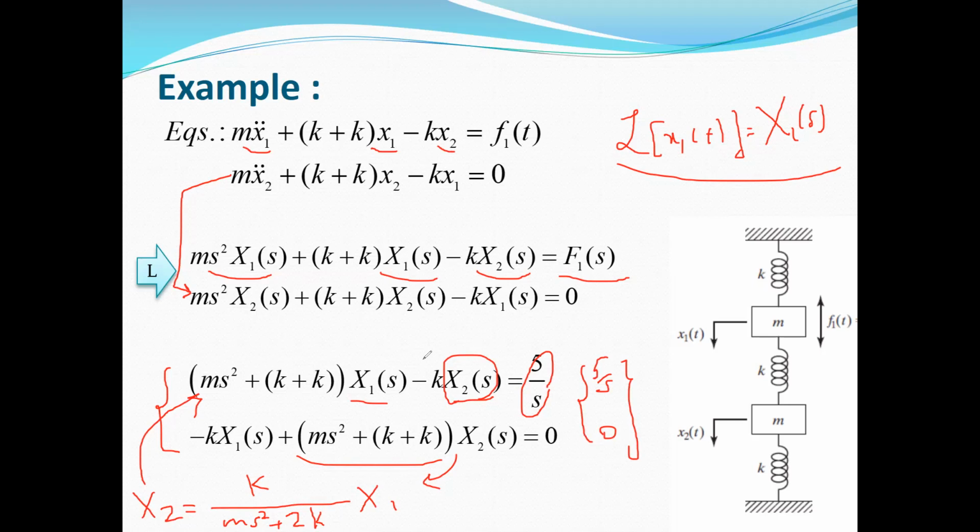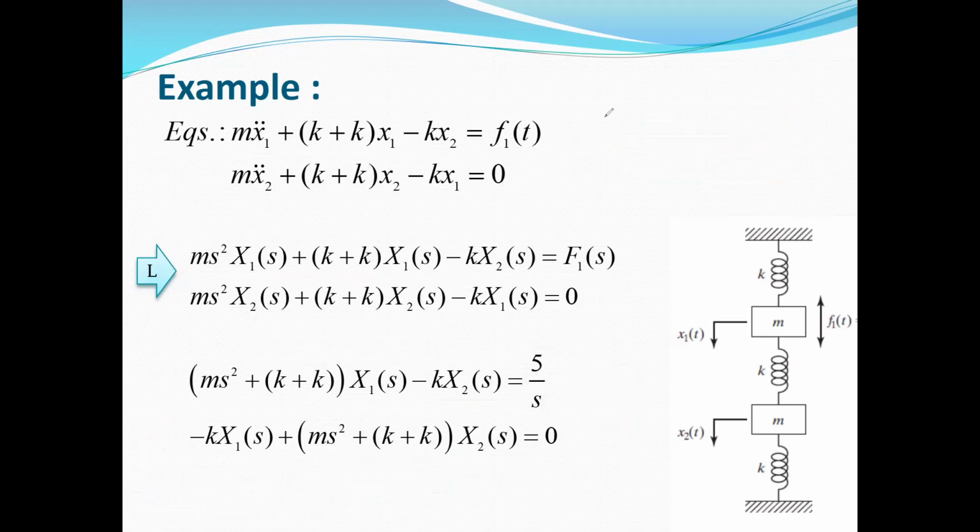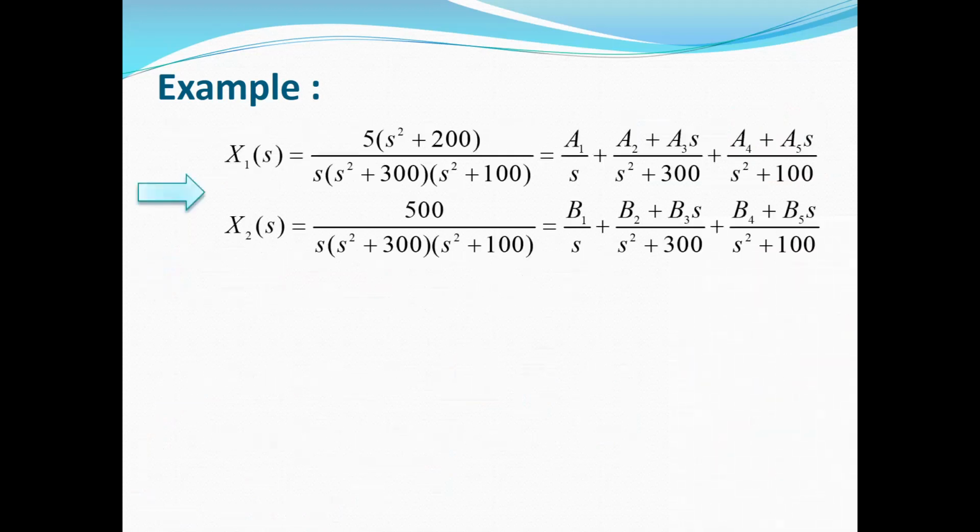Also you can substitute the numerical values for m and k and then solve them and obtain X1 and X2. Anyway, you can solve this system of algebraic equations, and here you can see X1 and X2.